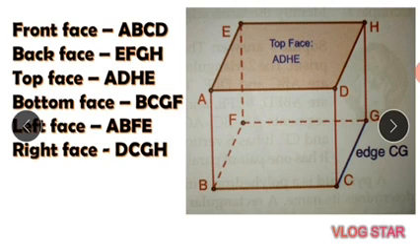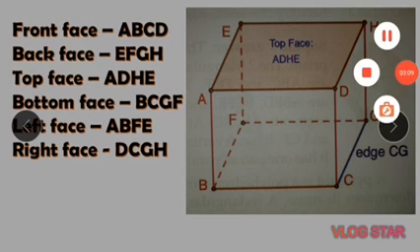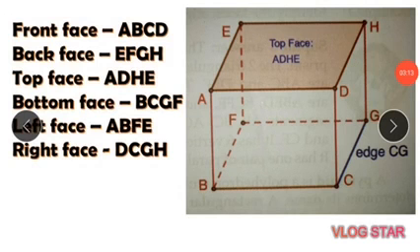So the left face is A, B, F, E. This one is the left face, while the right face is D, C, G, H. So this is the right face.